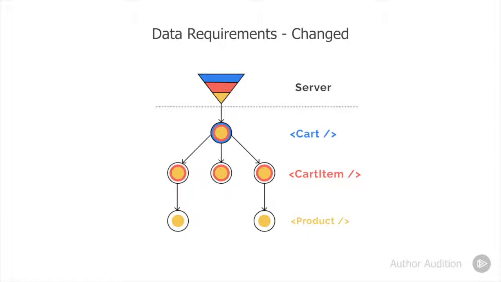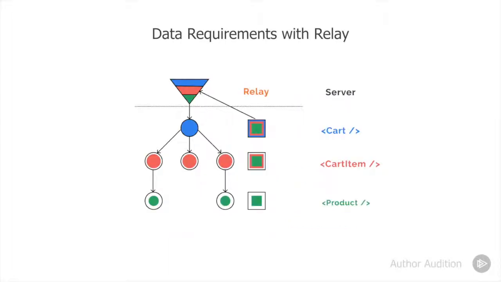So let's see how we can solve this with Relay data colocation. What Relay does is that the components declare which data they need. Instead of components knowing about each other's data, we declare this in a fragment container. So we have product, cart item, cart, and cart item doesn't need to know what kind of data the product needs.